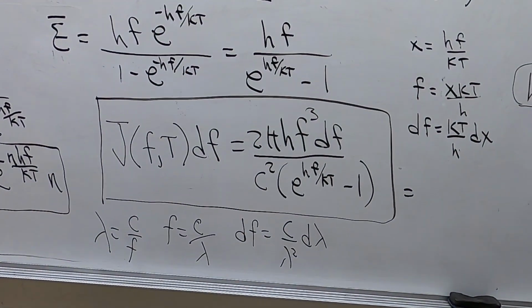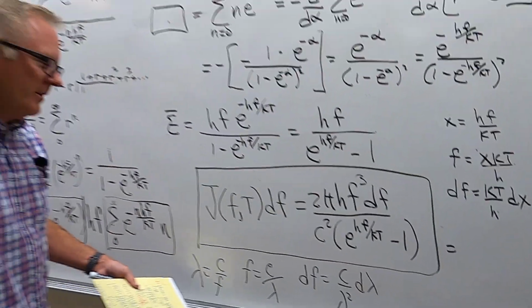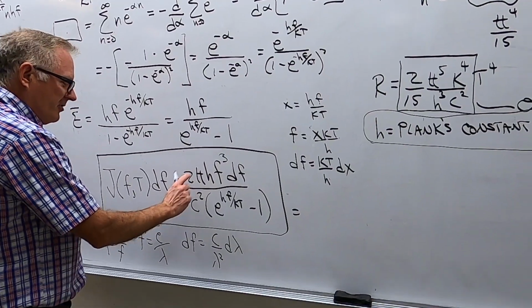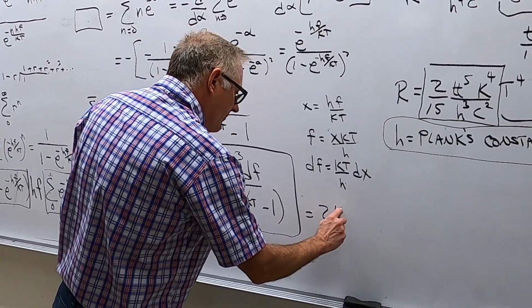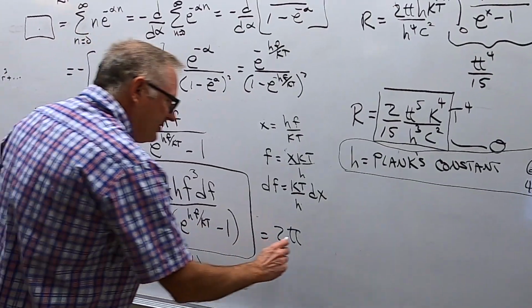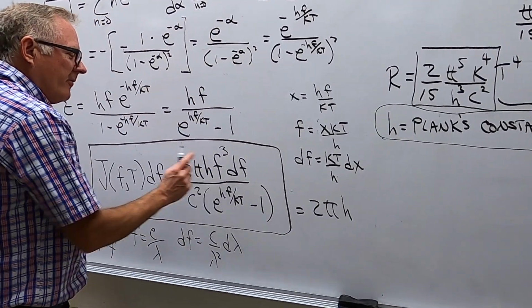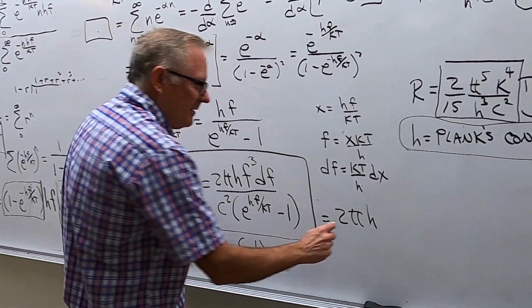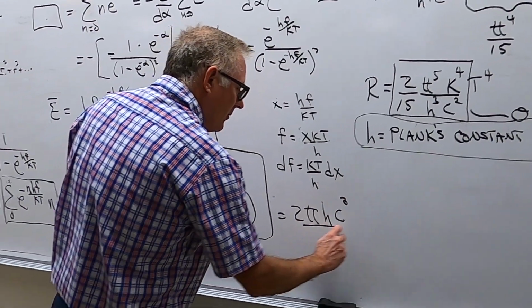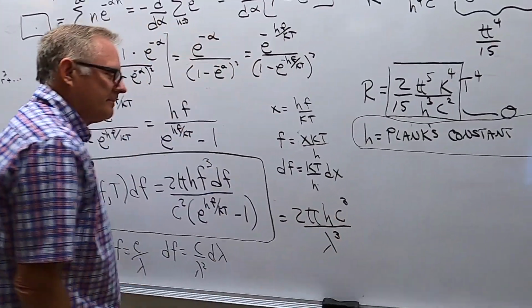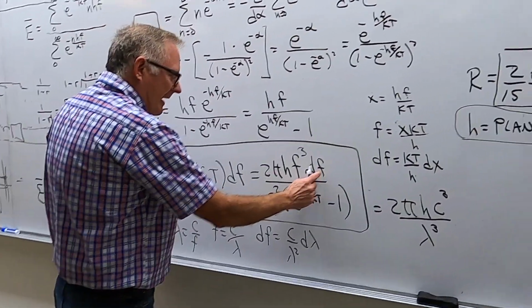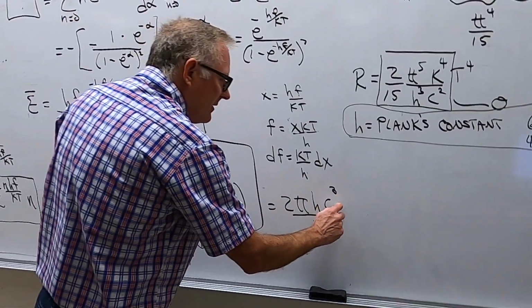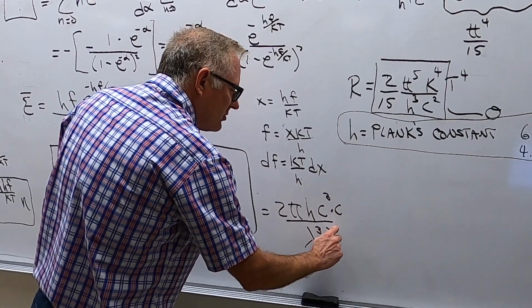So what would this look like if you switched all these over? You'd still have the 2, still have the pi, still have the h. Instead of f cubed, you'd have c cubed over lambda cubed. Then you've got a df, which would be another c over another lambda squared.